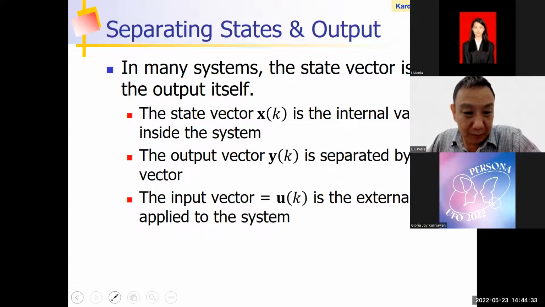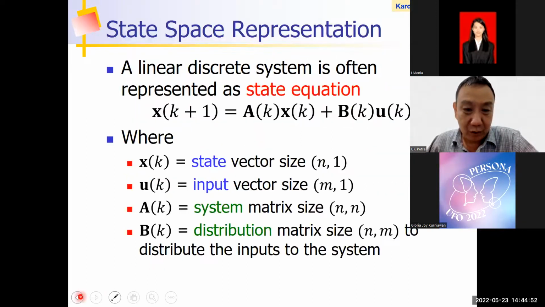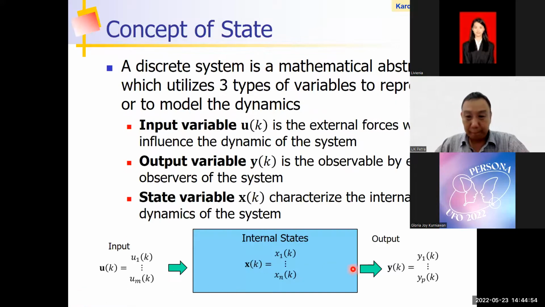So the state vector is the internal variable inside the system. You don't see that, but there is. The output is the one that you can observe. Again, the input is the one that you force into the system. So I drew a while ago this way.